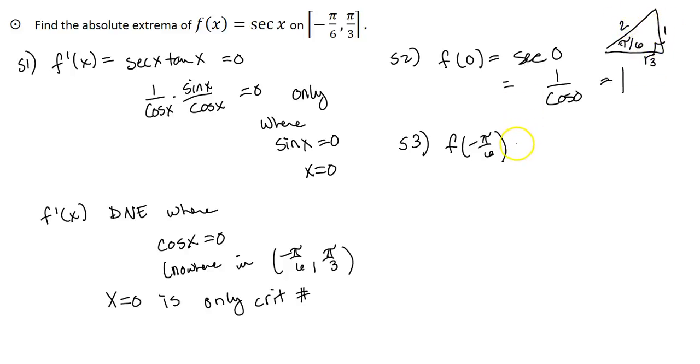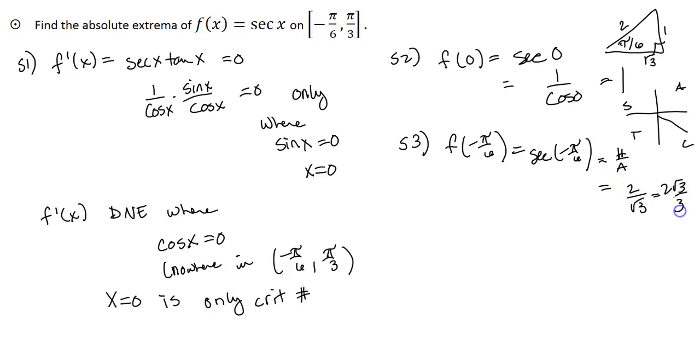So f of negative pi over 6, we know that negative pi over 6 is down here in the unit circle, so a smart trig class tells us that cosine is going to be positive, so secant is also going to be positive. So the secant of negative pi over 6 is going to be the hypotenuse over the adjacent, so that's going to be 2 over the square root of 3, or 2 root 3 over 3.